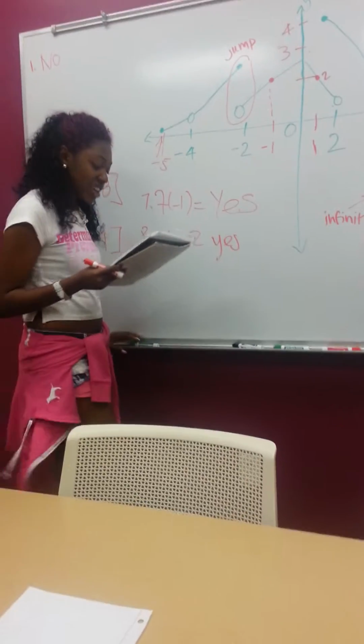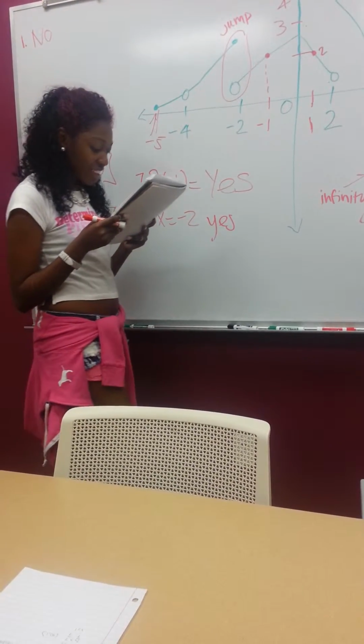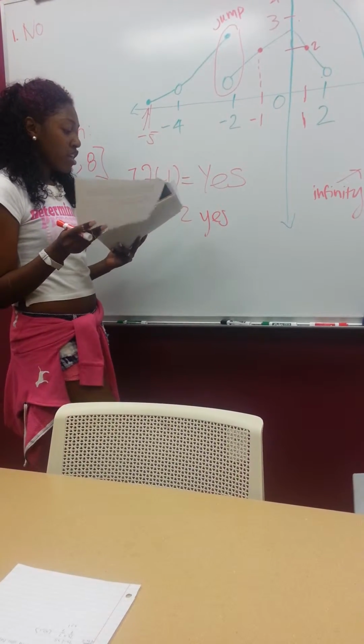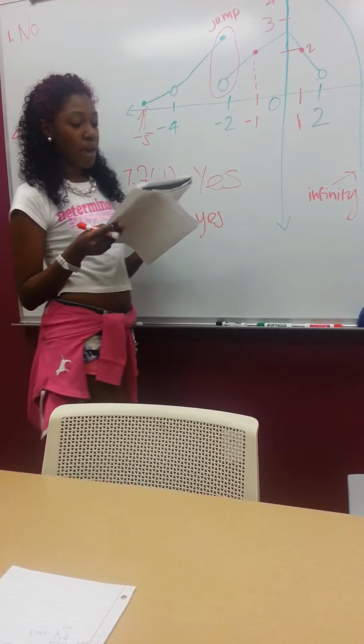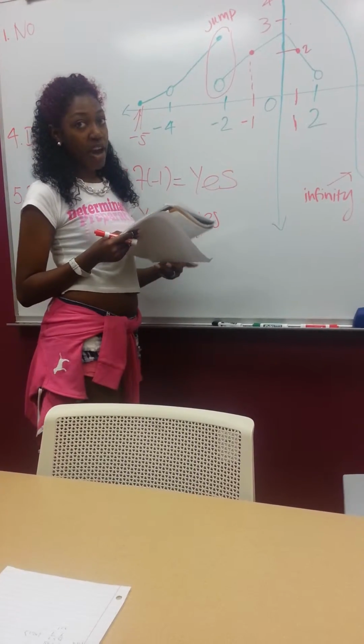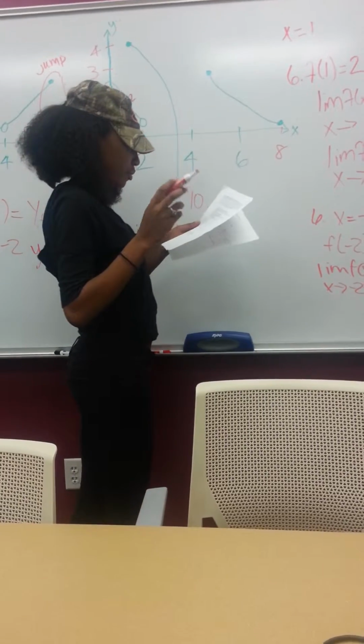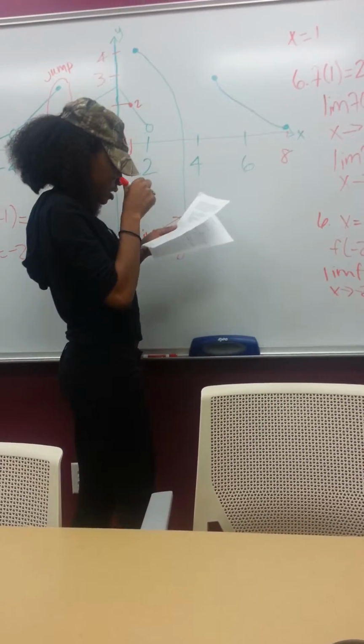Number 9 asks us to state how continuity and domain are related. So they are related because the domain tells you where the graph is continuous. Okay, for number 10, it says determine where the function is continuous.